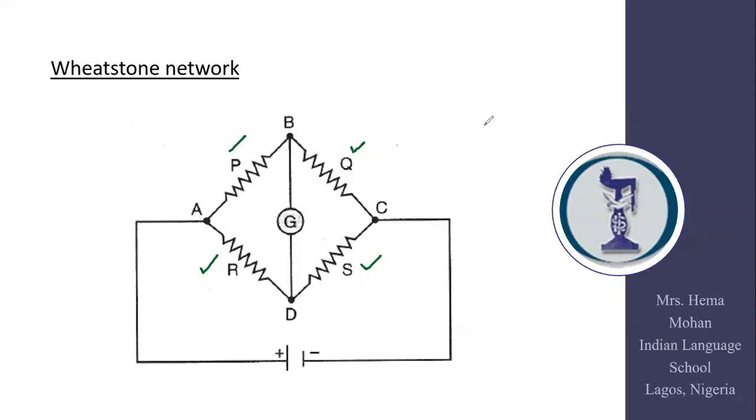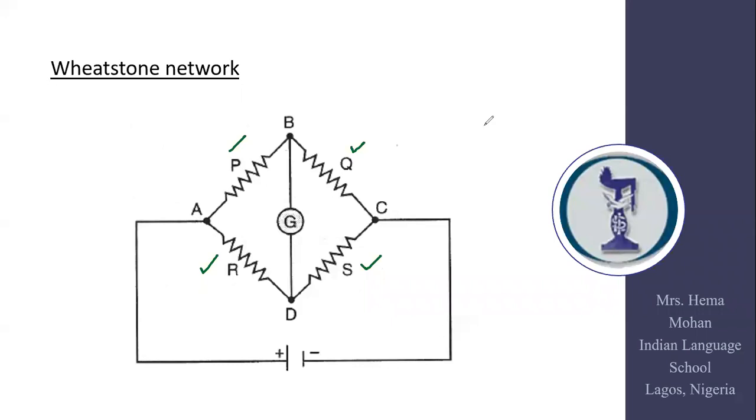For example, if the unknown resistance is of the order of a few ohms, you cannot be choosing your R or P or Q in the order of a few hundred ohms. That means you are crossing the range. So you choose them of the same order in order to increase the sensitivity of measurement of Wheatstone bridge.